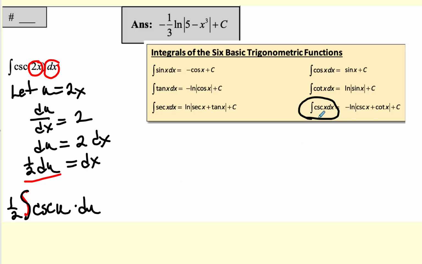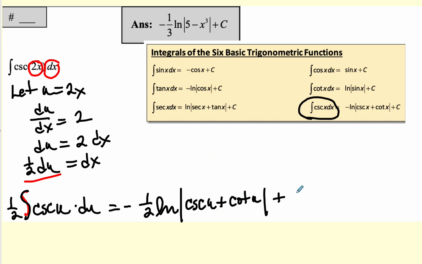And so now it looks a lot like this formula. So I'm going to follow this formula. I have to have a negative. There's a 1/2 my multiplier. So it'll be negative 1/2 natural log of the absolute value of cosecant u plus cotangent u plus c.